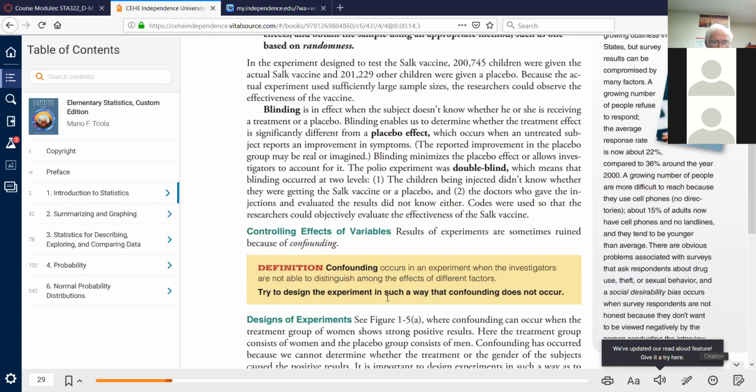We have an outside group that does the coding. All we know is that we send out a drug for patient X, and that's all it is. So the patient doesn't know, the doctor doesn't know, and then the sponsor doesn't know. Again, this is to reduce bias.